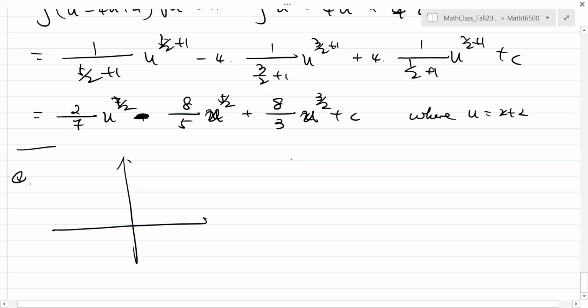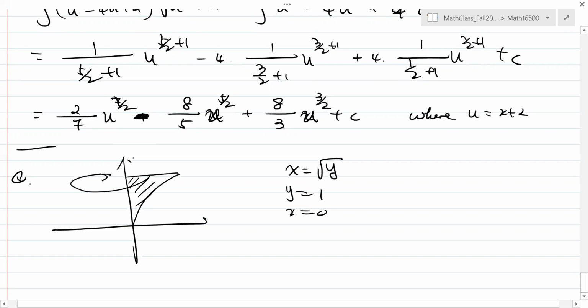So here's the equation: x equals square root of y. Okay, so this is the region. It's rotated about the y-axis.